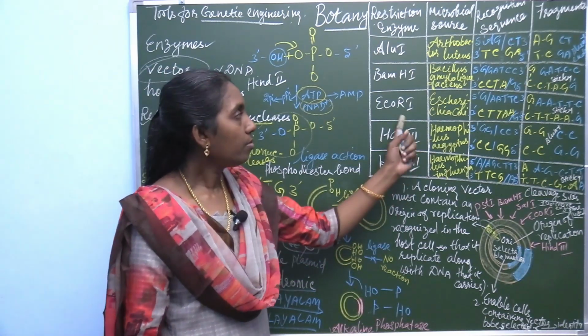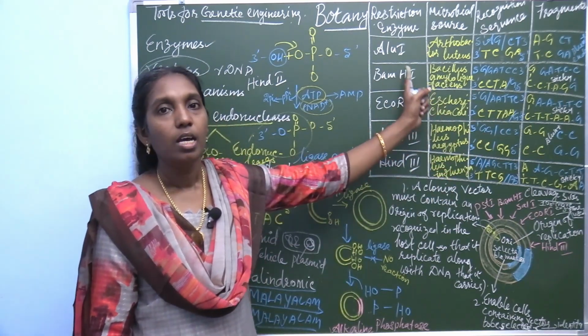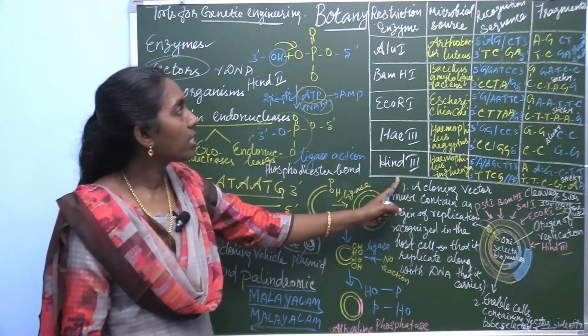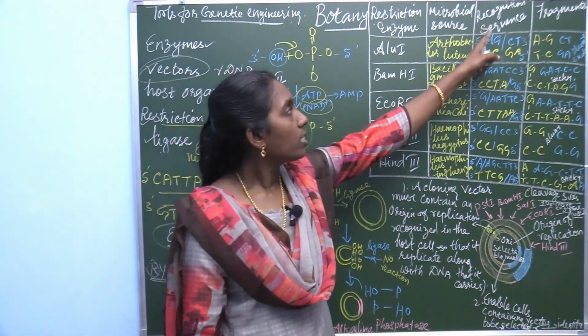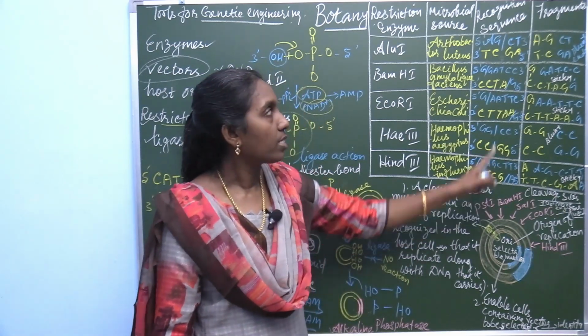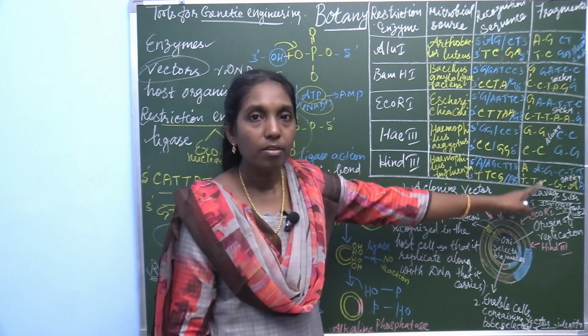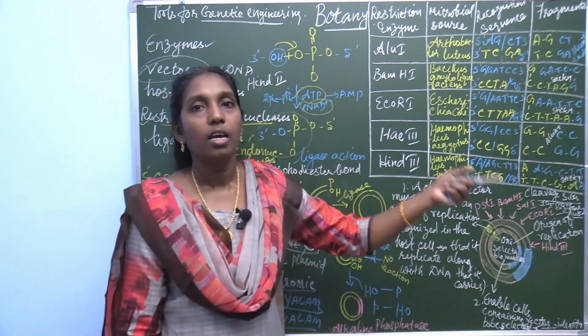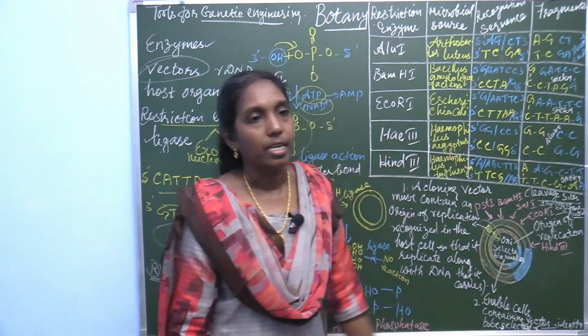Then there is a table given in your book. Learn the type of restriction enzyme, the microbial source, the recognition sequence and the fragments, how it cuts, whether in blunt ends or sticky ends.